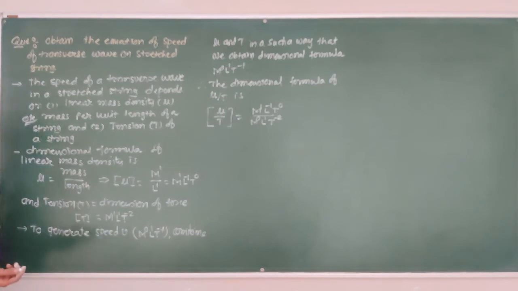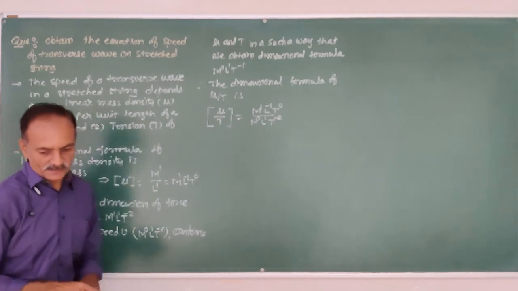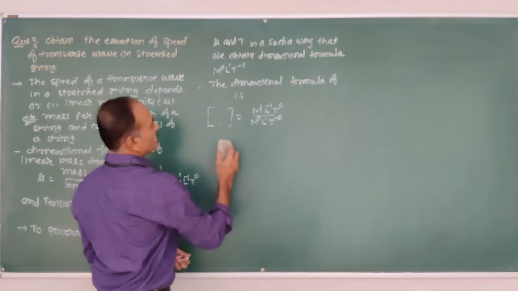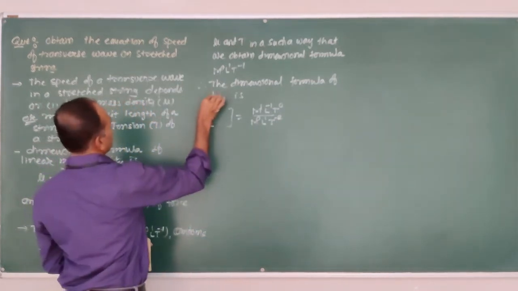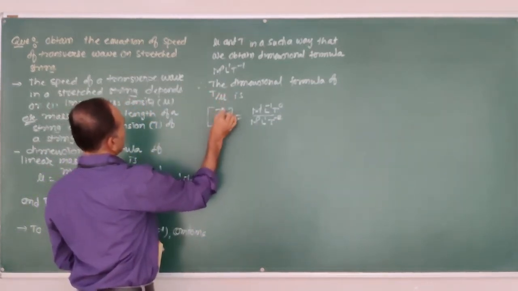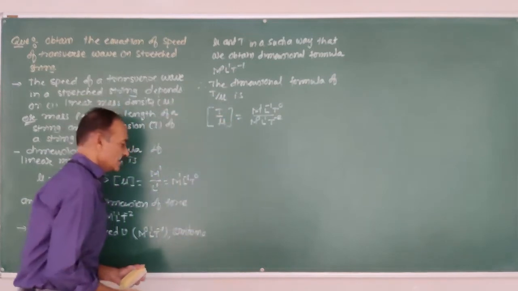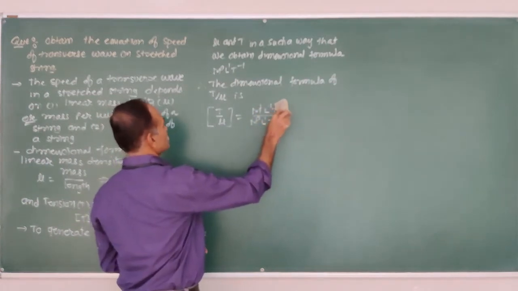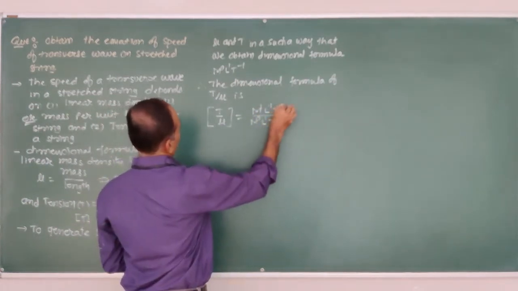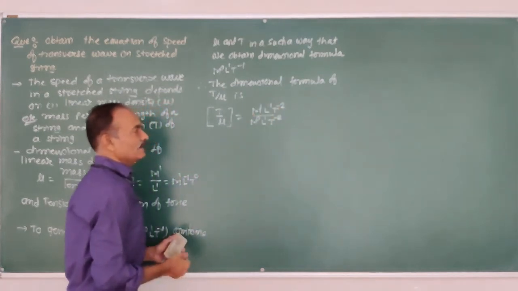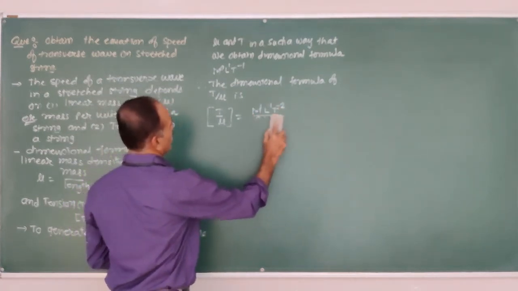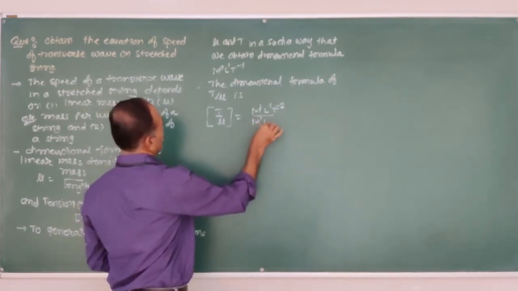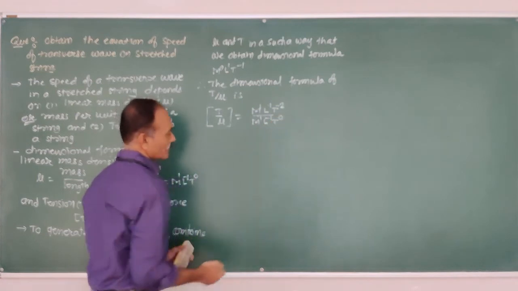Right? Okay. Just make it so that we have T upon mu. Therefore, for T upon mu, the dimensional formula of T is M^1 L^1 T^-2, while the dimensional formula of mu is M^1 L^-1 T^0.